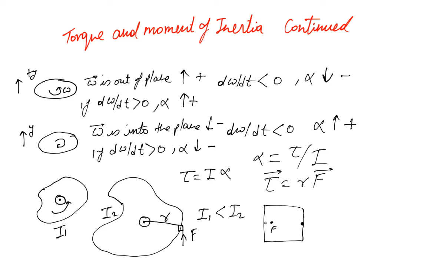So you see, it also depends on where you apply the force. This is radius R1, this is radius R2. So R1 is less than R2, so you can see torque is more for this point for the same force compared to this point. So you can see that torque depends on radius also.